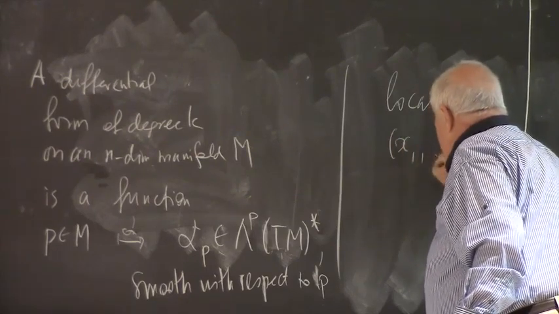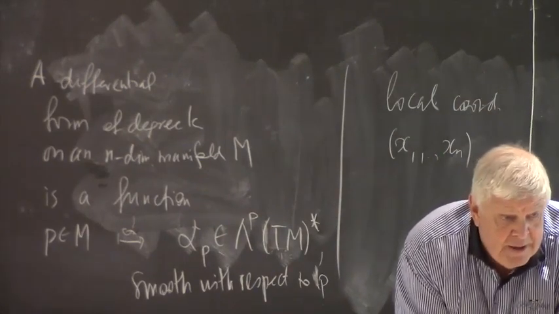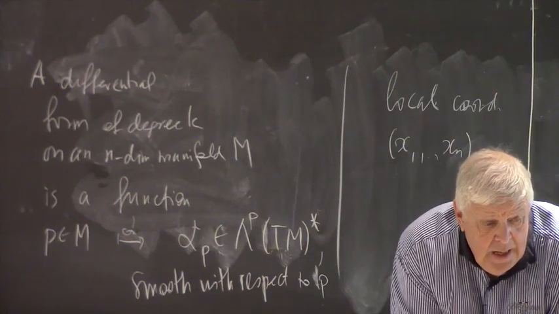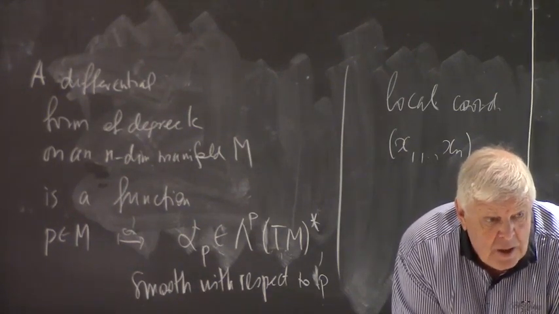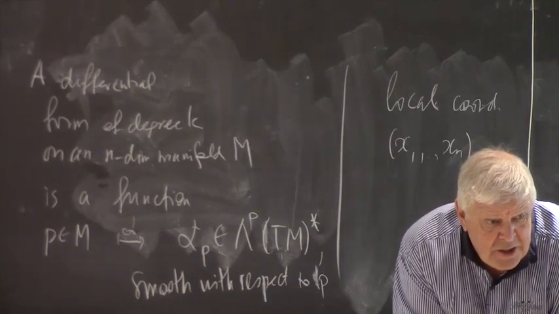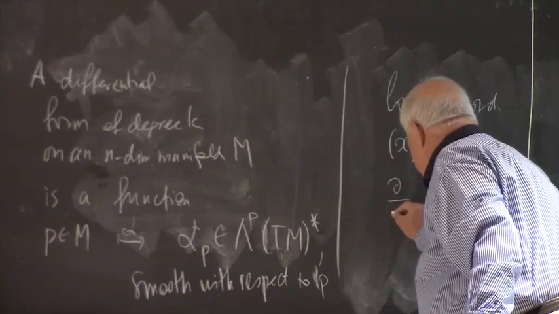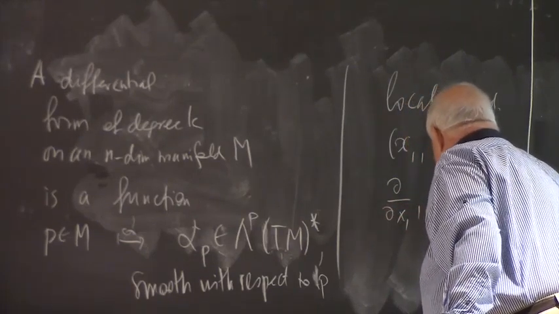x1, xn. They are defined in some open set, but there are charts which cover the whole manifold. And then, for every point within the domain of these local coordinates, we have some very special vectors. d over dx1, d over dxn.